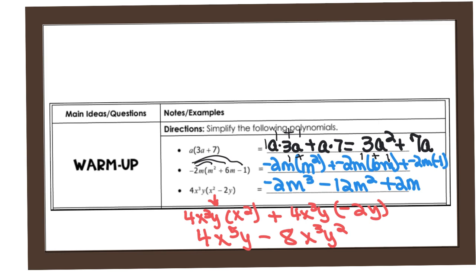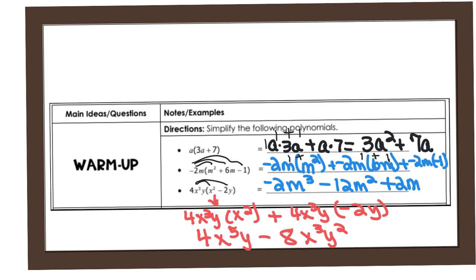On the last example, I'm multiplying this parentheses by 4x cubed y times x squared minus 2y.